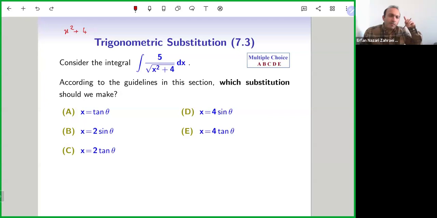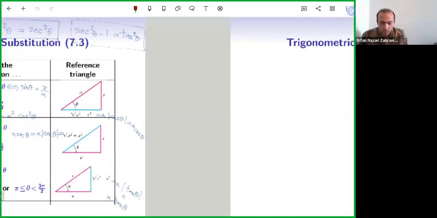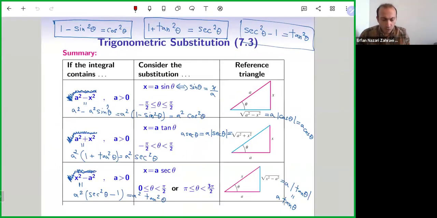Which of the identities was something squared plus a number? For the last time, you need to memorize these identities. Something squared plus a number, it's the tangent one. So I need to use the tangent substitution.